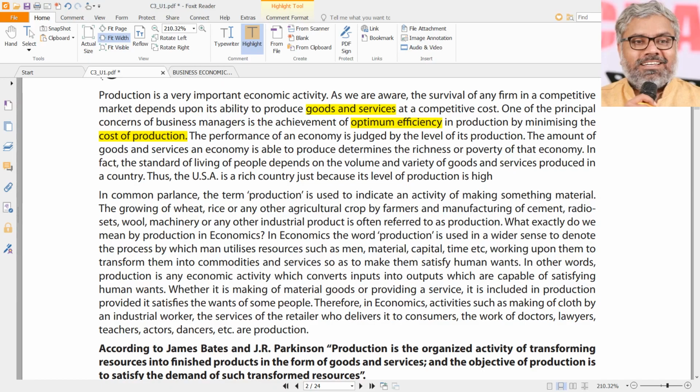And we should not be under a misconception that we are going to be involved in production just by using the word production 100 times in this chapter. No, we are only learning the theories of production, an overall general overview of how production happens. Not that we are going to know how cement is manufactured or how clothes are stitched.